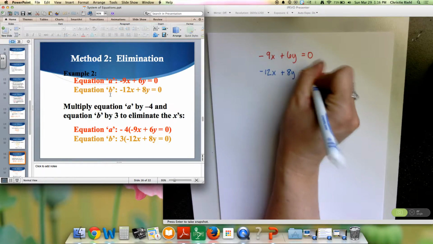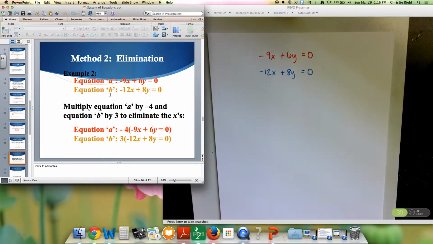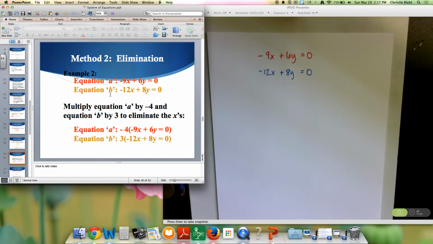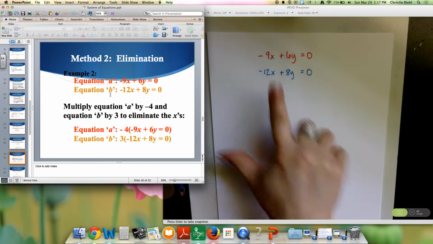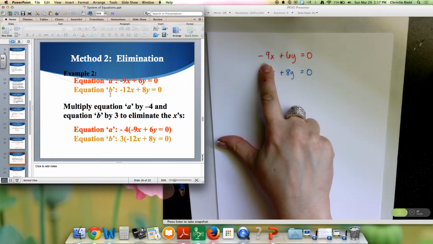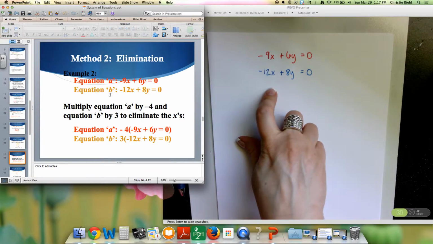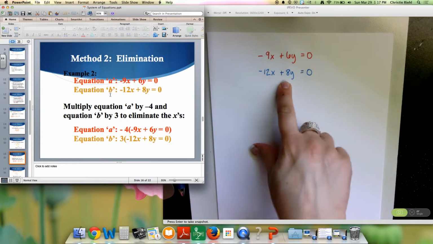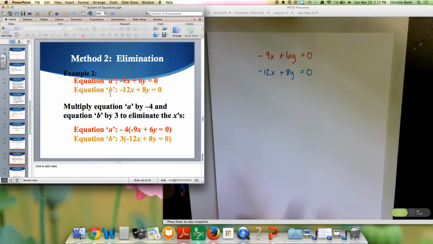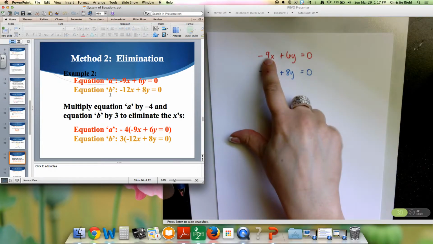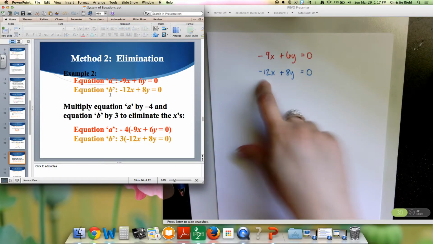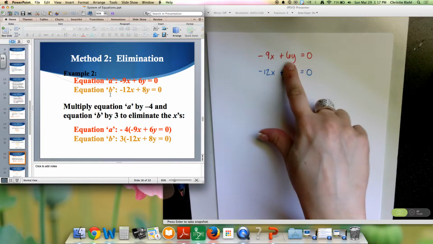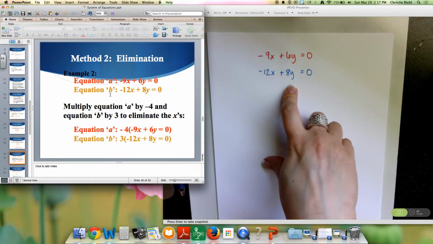So here, when I'm adding these, I need opposite coefficients. And so I've got a -9 and -12, and I've got a +6 and +8. So I need to change both of these because there's nothing that I can multiply 9 by to get a -12 that's a whole number. And there's nothing that I can multiply 6 by to get this 8. And so you could choose which way you want to do this.